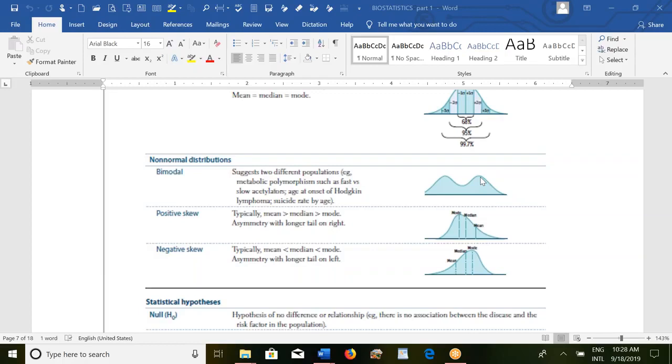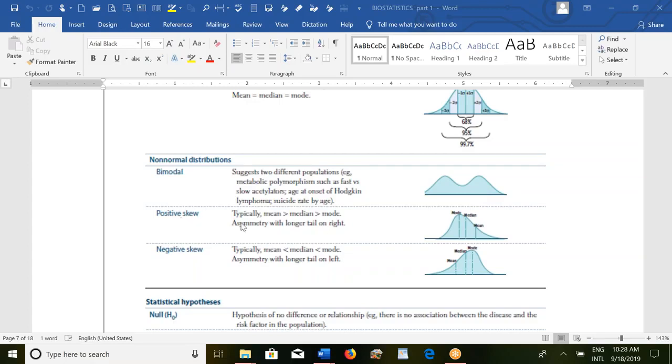So you will say that vulval cancer has a bimodal distribution. If they give you a bimodal sample description, you will say that it has two peaks and two different populations: this is the younger group who have developed vulval cancer, and this is the older group who has developed complications.